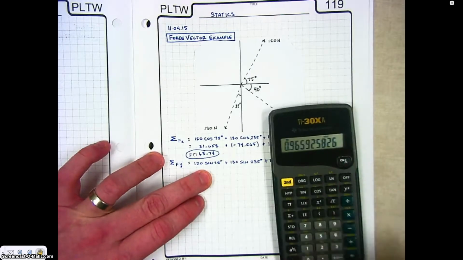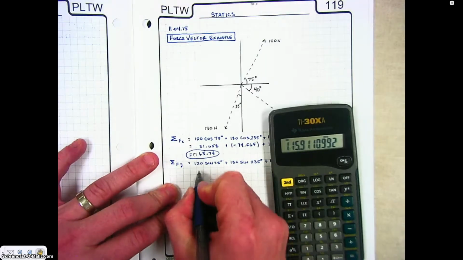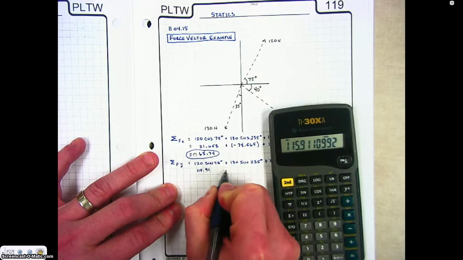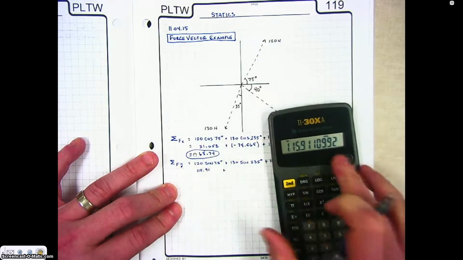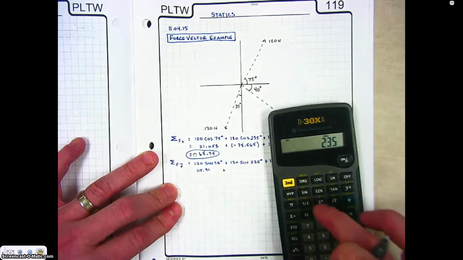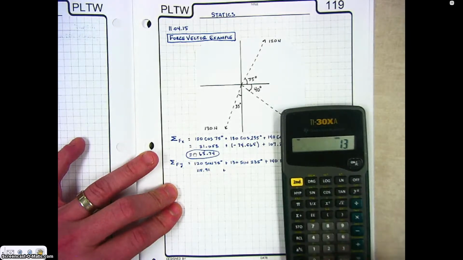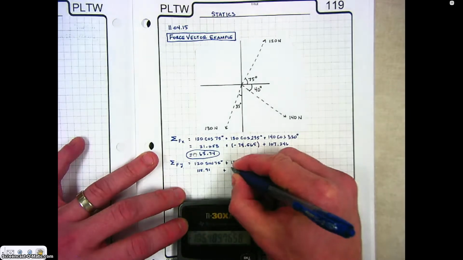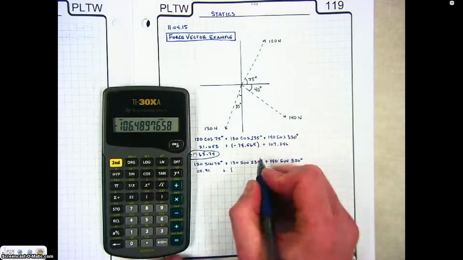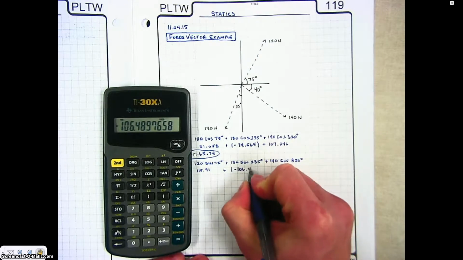Again, I'll do that on my calculator. 75, I'll hit the sine function, multiply by 120, and I get 115.91. Next one, 235 sine times 130, and I get a negative 106.489.